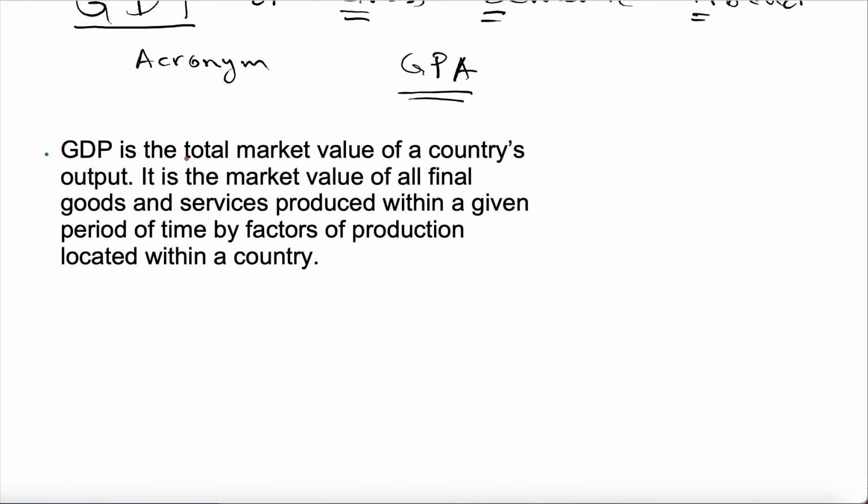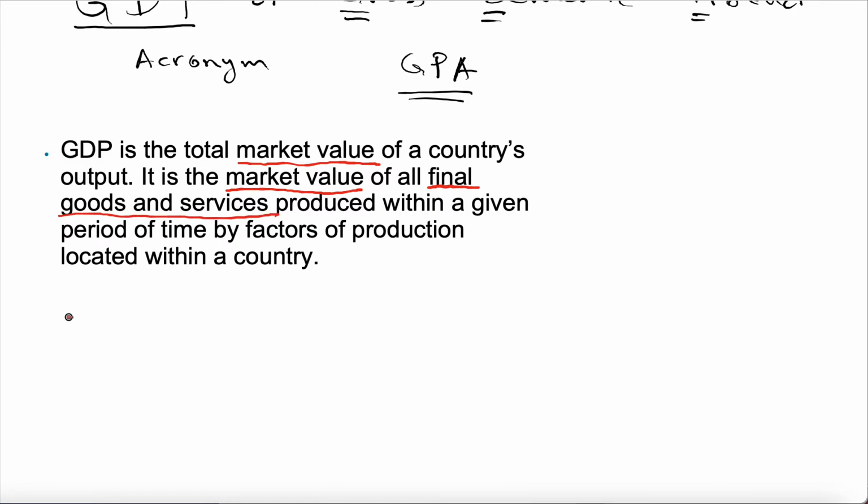GDP is the total market value of a country's, so can be Oman, can be United States, a country's output. So it is the total market value of a country's, it is the market value again of all final goods and services.